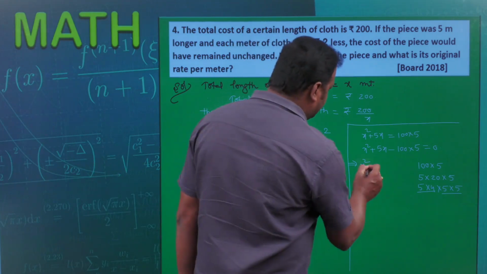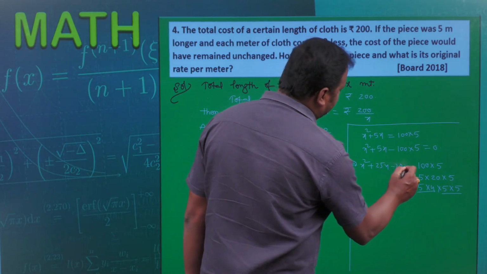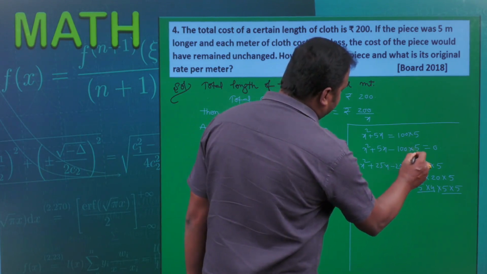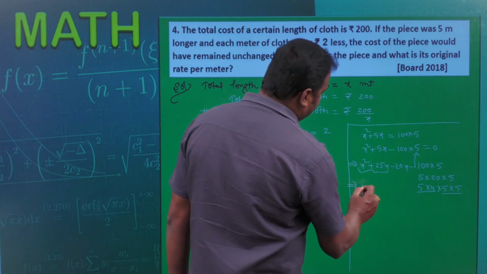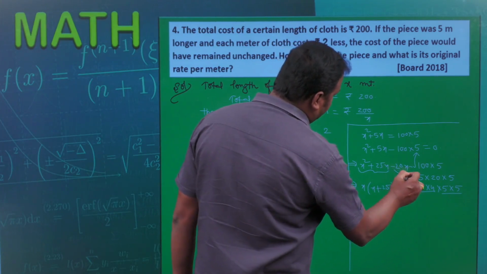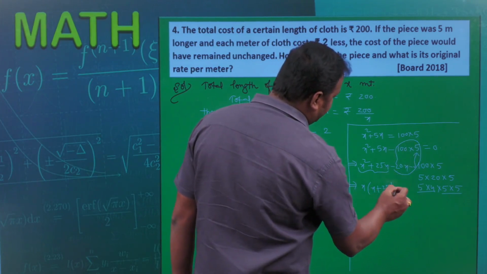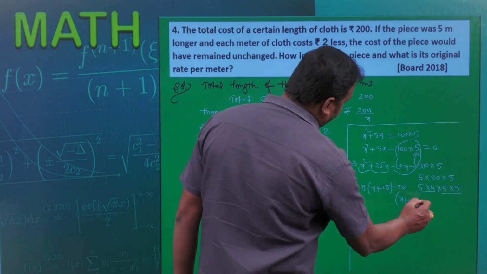25 is bigger, right? So that plus 25x minus 20x, of course, minus this entire number. From the first two terms, I can take one x common, remaining x plus 25. From these two terms, I can take minus 20 common, remaining x plus 25 is equal to 0.